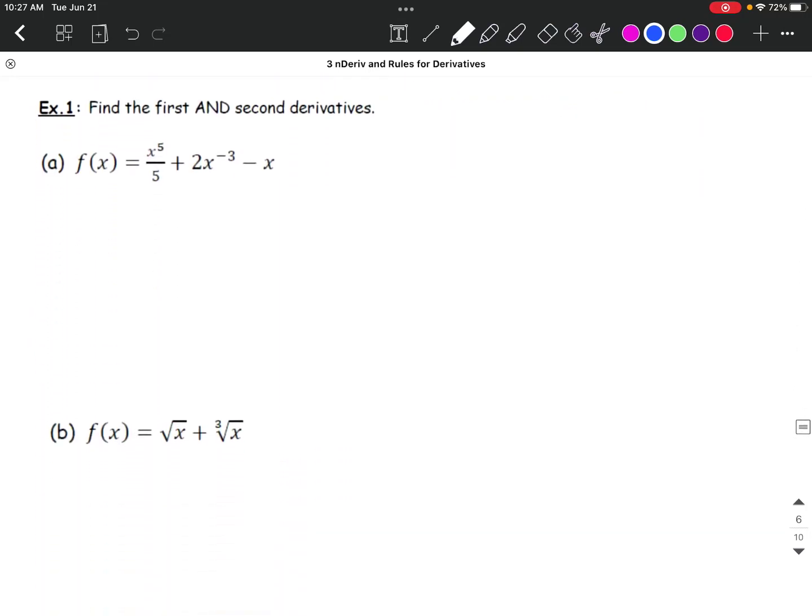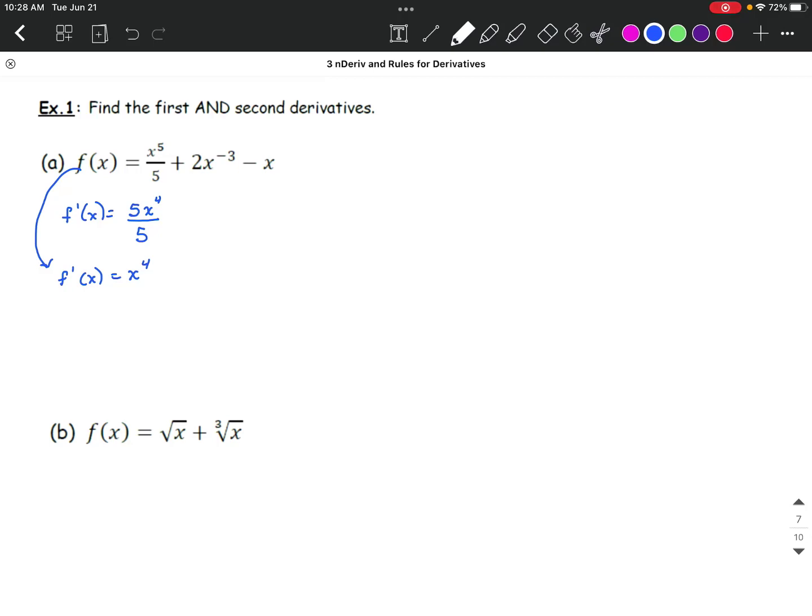So we're now going to find first and second derivatives. Our first example, we have f of x is x to the fifth divided by 5 plus 2x to the negative 3 minus x. For our first derivative, we bring down the 5. Now remember, we have a constant 1/5, so we keep that. We bring down the 5, keep the x, our new exponent is 4. Some of you are going to say, wait a minute, that's just x to the 4th. Yes, it's perfectly fine if you go right from the function to here.